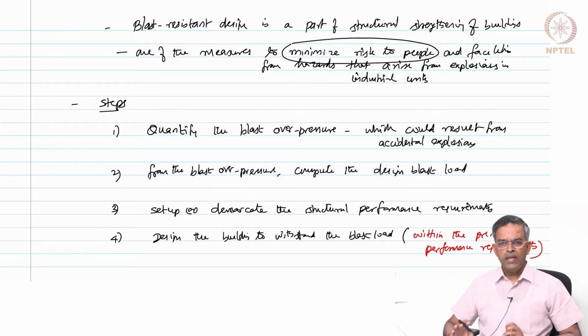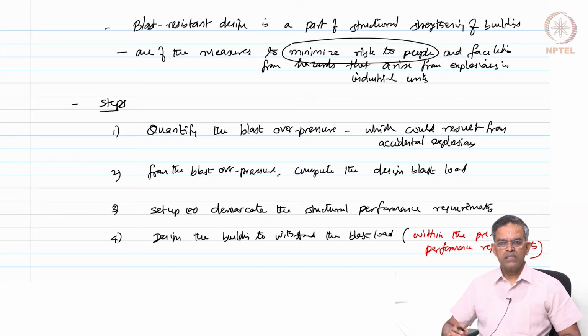So, you have to lay down the requirements of the building under the blast loads, which is pre-laid. There is no post investigation of requirements after the blast has happened. So, it is very, very important that the blast resistant design has a prerequisite.